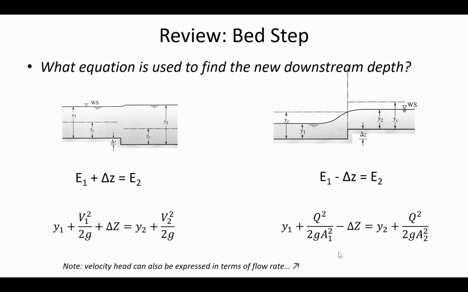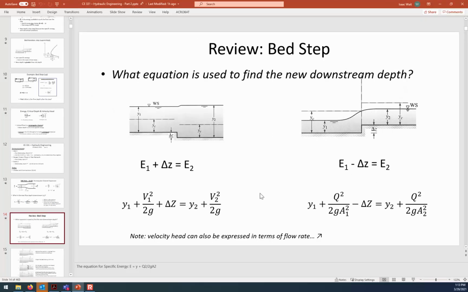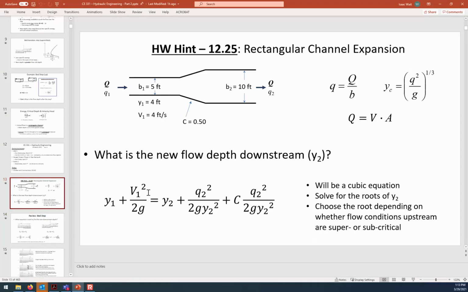We can write the velocity head in terms of v2 squared divided by 2g. So that's the velocity head, or Q squared divided by 2gA squared. That's another way to write the velocity head. Or here we saw that you can write the velocity head in terms of flow per unit width squared divided by 2gy squared.